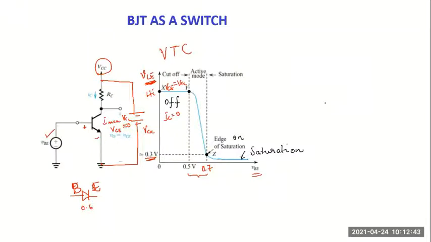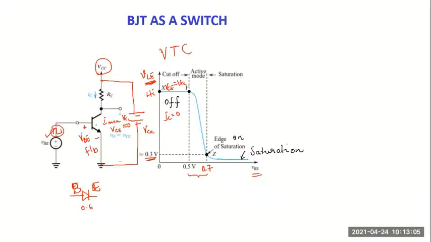Before that, the BJT as a switch. It can be made to work like a switch by simply giving a high enough voltage here. Say I will connect a square wave. During the positive half cycle of the square wave, we get forward bias base emitter voltage.